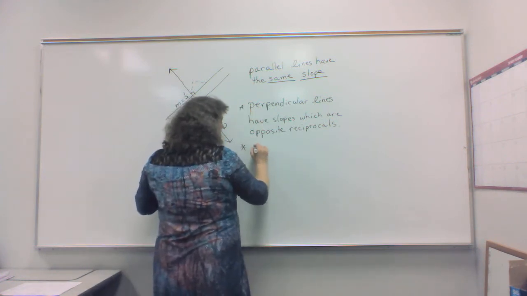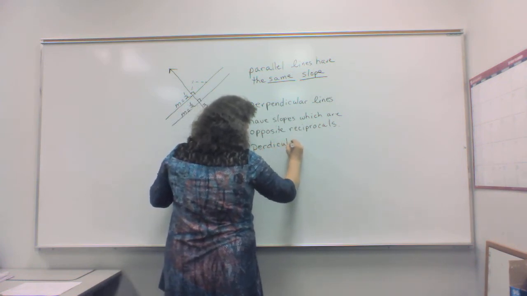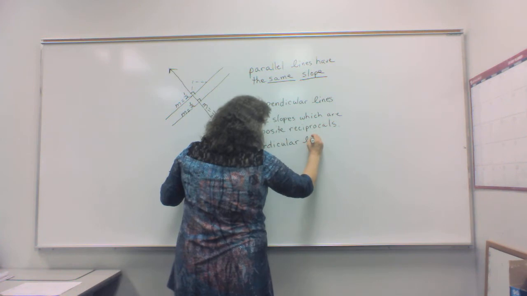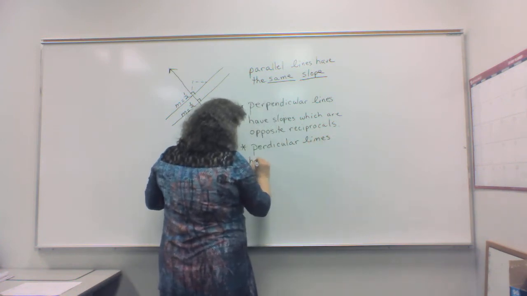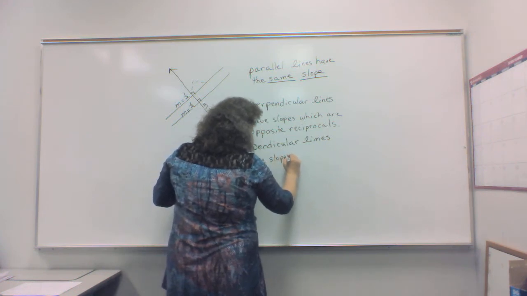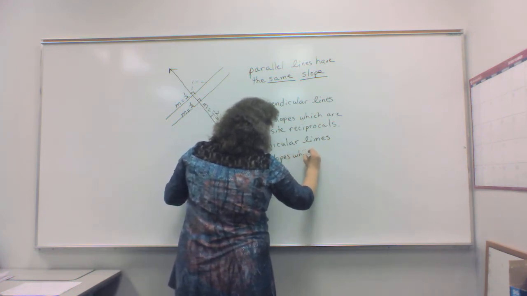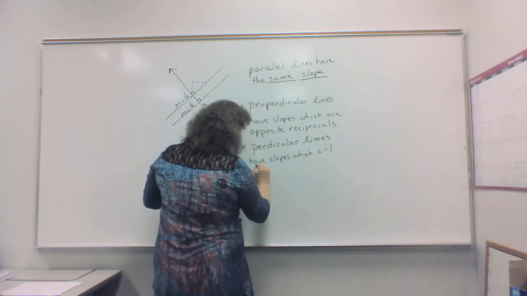Another way to define it is that perpendicular lines have slopes which equal -1 when multiplied.